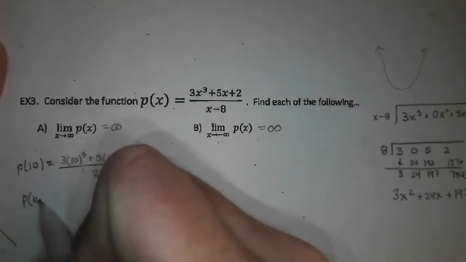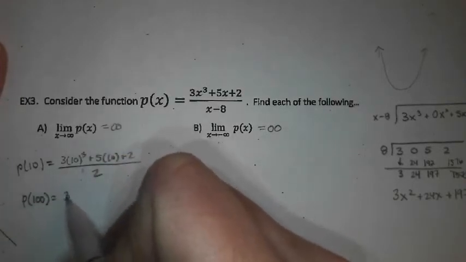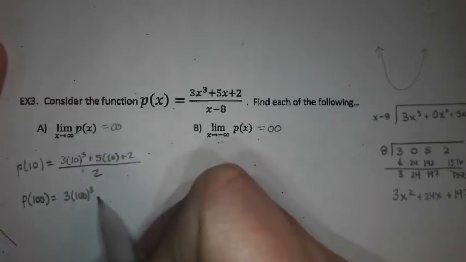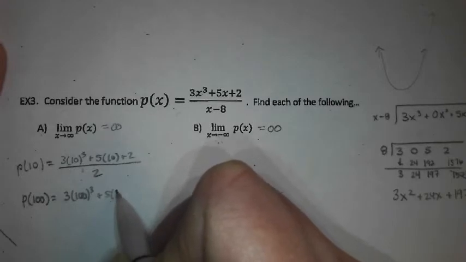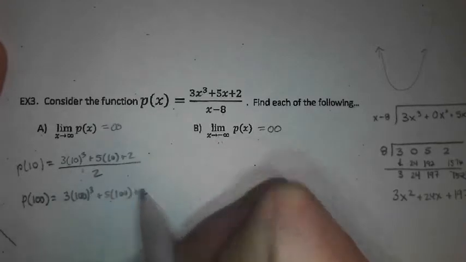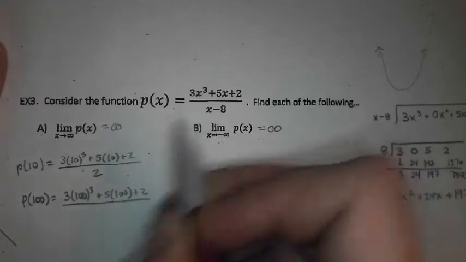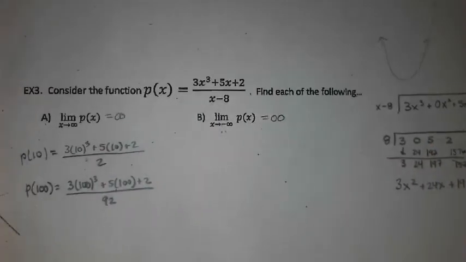When I plug in 100, the numerator is getting a lot bigger. Agreed? And 100 minus 8, but I'm also now dividing it into more parts. Does that make sense?